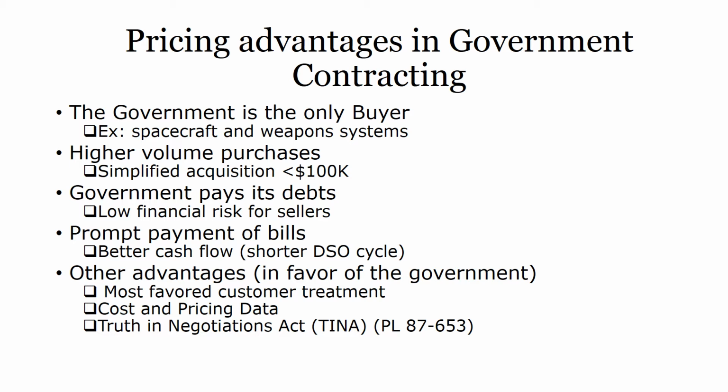Even if a seller wishes to turn to other consumers willing to pay a higher price like other countries, laws prohibit the sale of such items or technology. The government tends to procure in higher volume quantities than individual buyers in the private sector. This becomes a major revenue source, particularly for small to medium enterprises near federal installations.